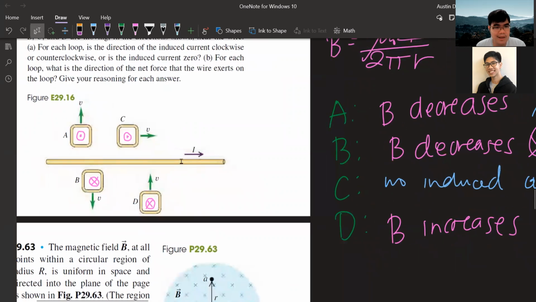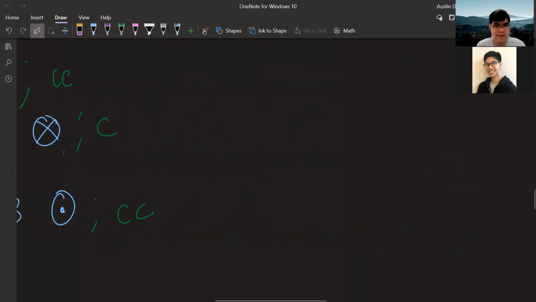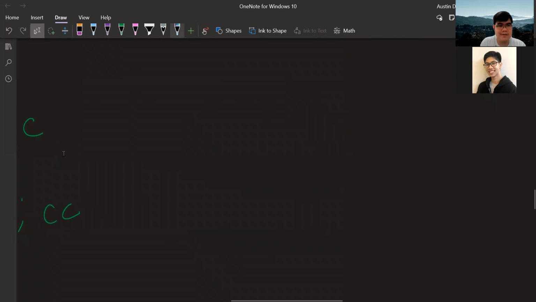So, ang gagawin ng nature, ibabalik niya. So, sige, sulat muna natin yung mga results using Lenz's law. Attract, i-attract niya. B, i-attract niya rin. Kasi papalayo sila. C, wala. No, nothing.